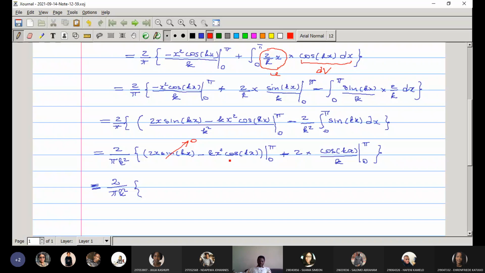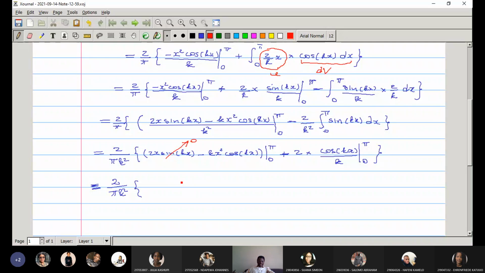Now, if I come to this second contribution, if I want, I can even group at this stage. Okay, I cannot group because of this. I could have grouped the two, but it's fine. Now, when x is pi, I substitute there.